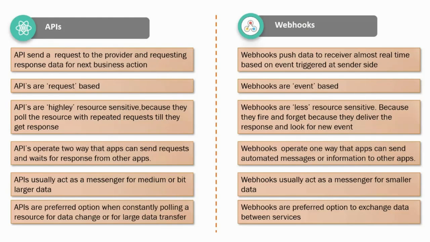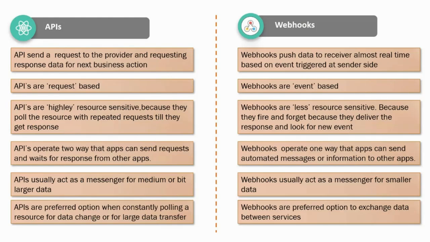That is, an API sends a request to a resource and waits for the resource's response. Whereas webhooks push the data to the receiver almost in real time based upon an event triggered at the sender side. The second difference is that APIs are request and response based, whereas webhooks are all event based.